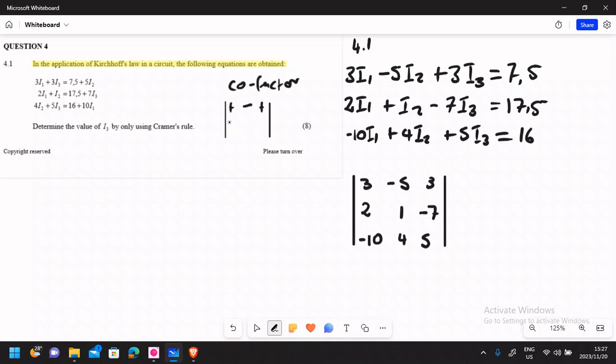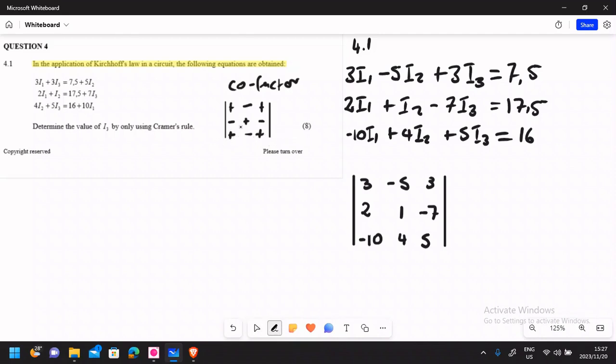On the second row, the first one is negative, that one is positive, and this one is negative. And then the third row is positive, negative, and positive. These are the cofactors. Always like that, guys. If you know the first one, just know that they alternate. The first one is positive, then negative, positive, negative, positive, negative, positive, negative, positive. That's it. They just alternate.